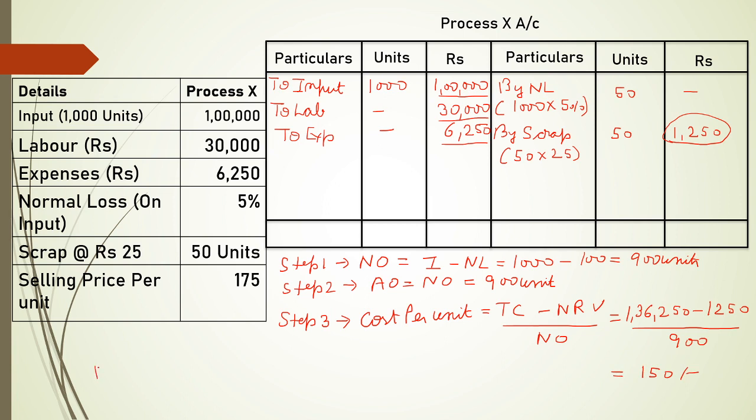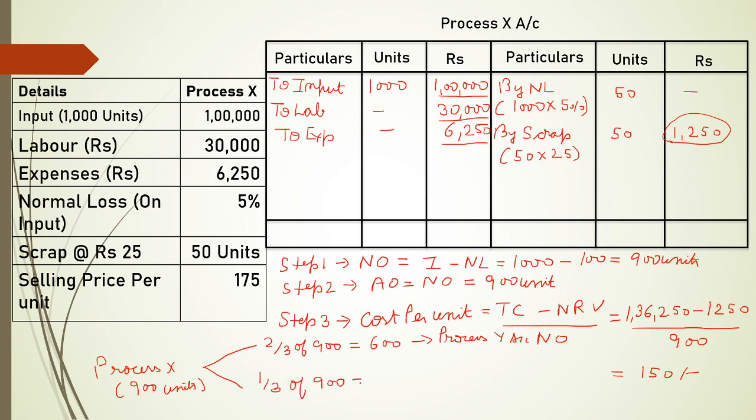Now the output of process X is divided into 2 parts. Process X output is 900 units and these 900 units are divided into 2 parts. 2/3 of 900, which is 600 units, are transferred to process Y for further processing, and the remaining 1/3 part of 900 units, that is 300 units, are sold in the market through costing P&L account.